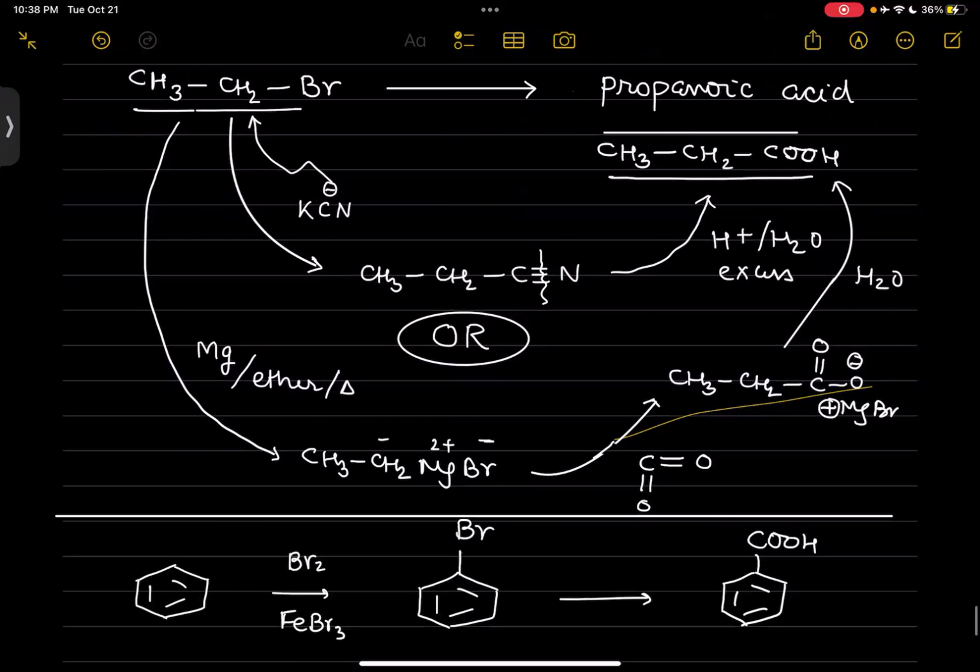You can see the above conversion. I hope all of you can see that. And by using the above conversion, the lower method, you can easily achieve the conversion of bromobenzene to benzoic acid. Clear?